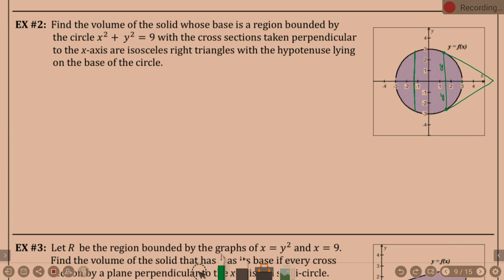Yeah. Okay, so that means the base of this triangle is how long? 2y. Now, this is perpendicular to the x-axis, which means we need to know what 2y is in terms of x's.